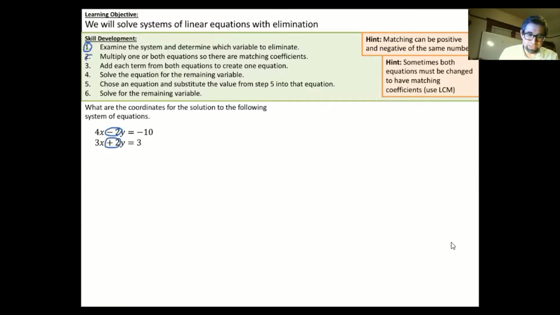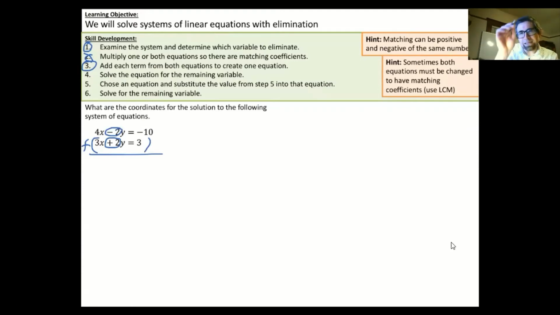So step 2 I can skip. I'll come back to that on the next problem. I'm going to go straight to step 3 and add each term from the two equations together to eliminate the y variable. This is what it looks like. I'm going to put parentheses around the bottom equation and a plus sign. The parentheses are very helpful to remember and do the steps correctly. Please follow along.